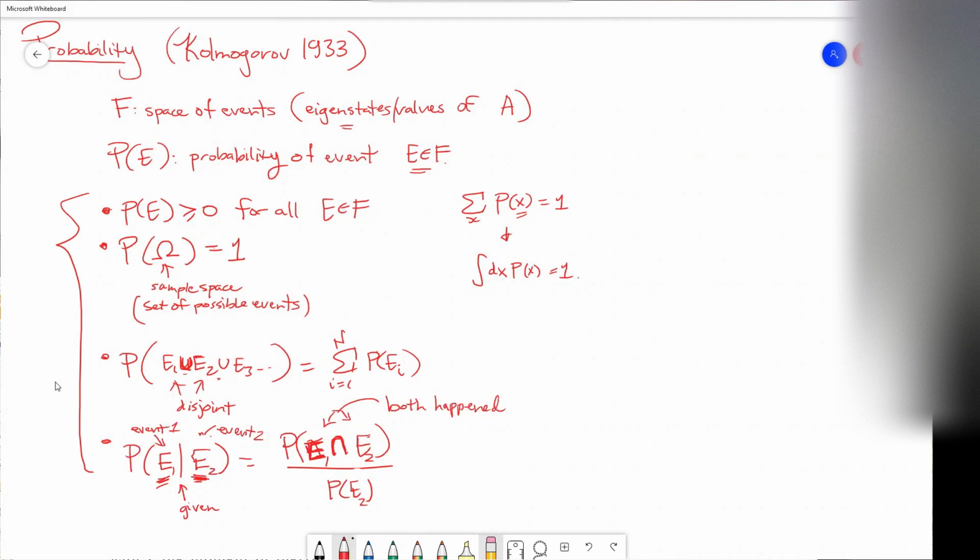Technically speaking, omega and F are different, because F is a set of events and omega is a sample space. It's the way in which we sample the events.